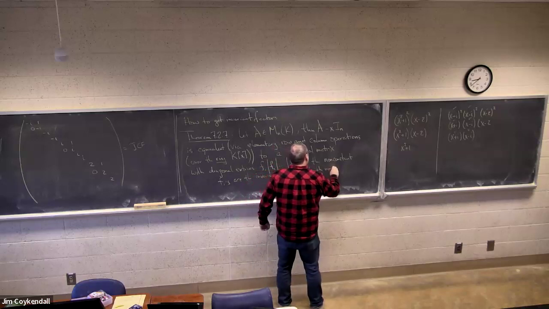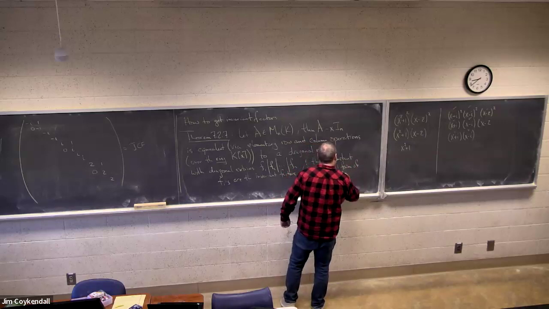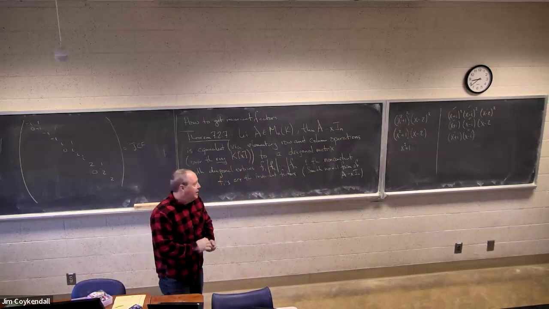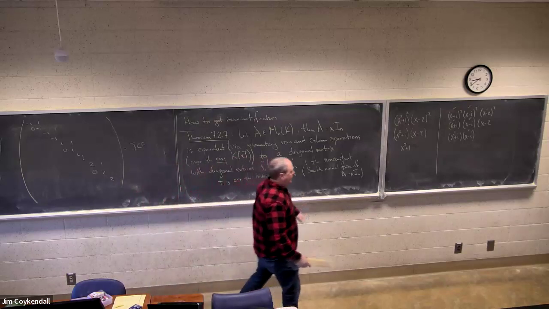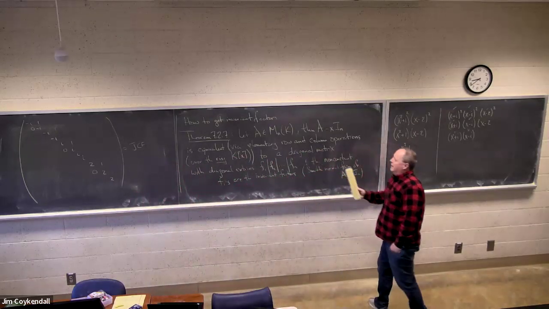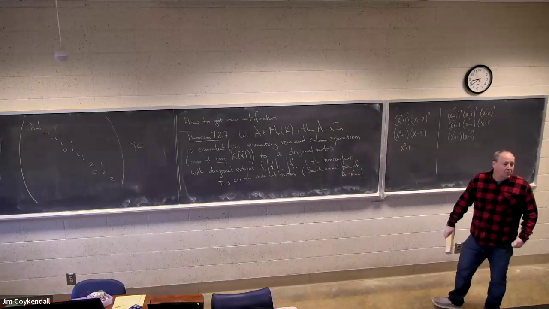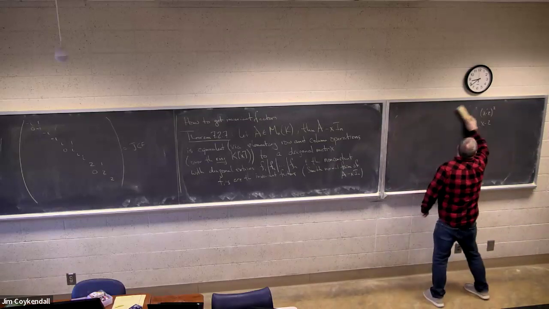This is called the Smith normal form of the matrix xI minus A. So in other words, you can figure out the invariant factors just by doing this. And the fact that you can actually get it into this form, it's easiest to use the fact that K[x] is a Euclidean domain. So you've got a Euclidean algorithm.